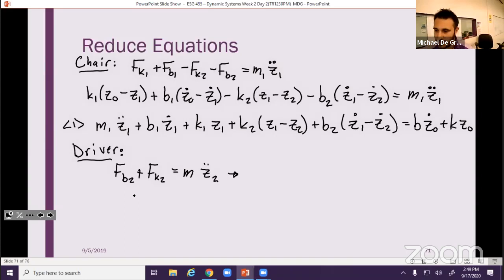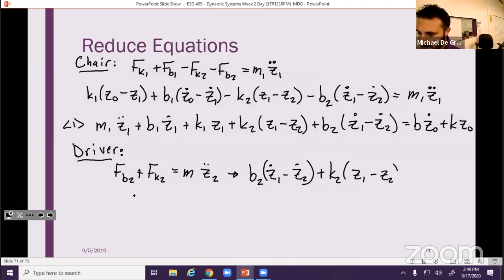So this one should be quicker to write. That's going to be B2 (Z dot 1 minus Z dot 2) plus K2 (Z1 minus Z2) is equal to M Z double dot 2. And for this one, I'm going to do the full algebra thing and put Z2 on one side and Z1 on the other. Again, I told you guys earlier, that's not completely necessary to get credit, unless you're explicitly told that you want everything in terms of global and local variables.